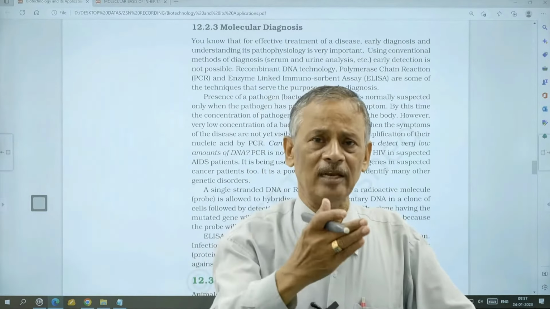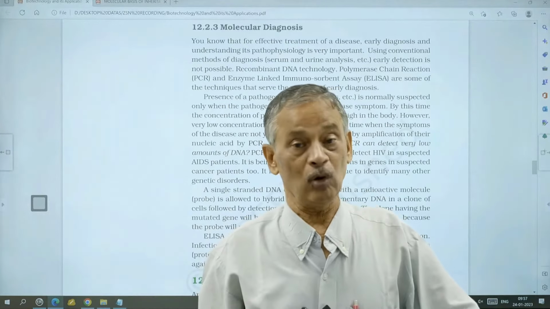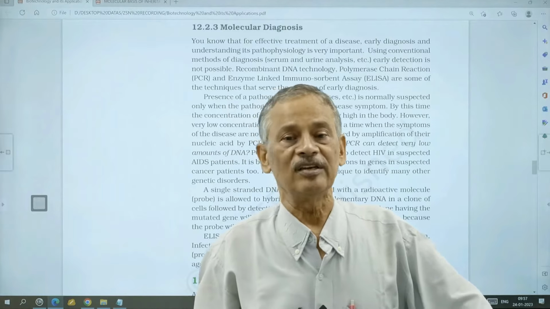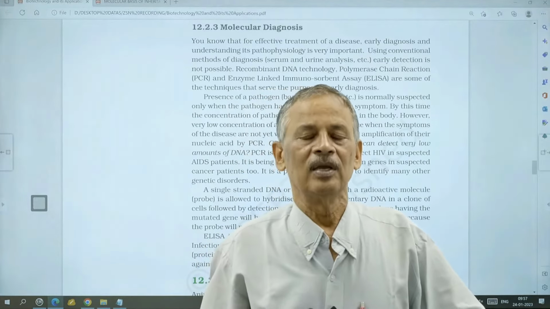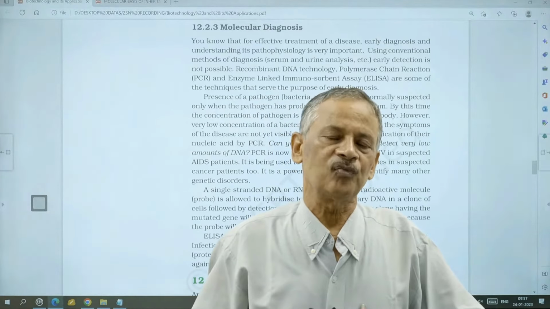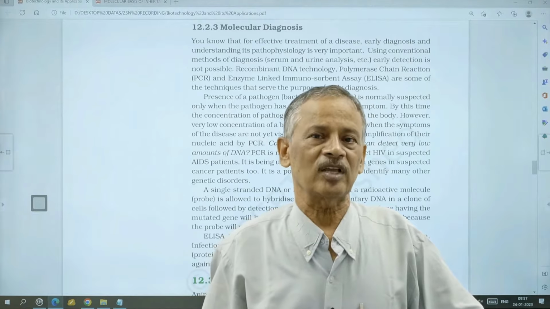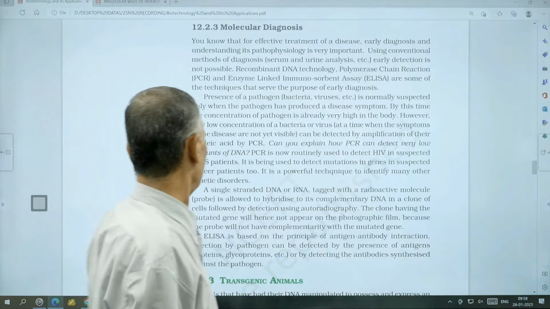When bands appear, gene is normal. When no bands appear, it indicates that the gene is already mutated. Thus, we can identify whether a particular segment of the genome, a gene, is normal or mutated.